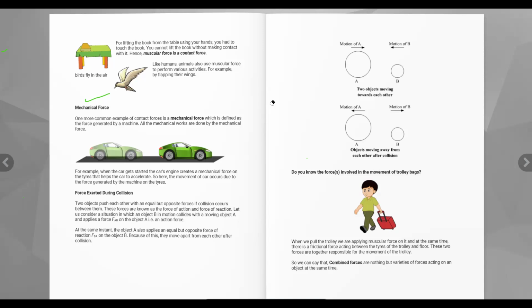Anyone have any idea? Miss, can you repeat again? We are giving electrical energy, like we switched on the object, and it is giving me mechanical energy. A grinder or mixie. Yes, very good. Other simple examples are a ceiling fan, table fan, motor.